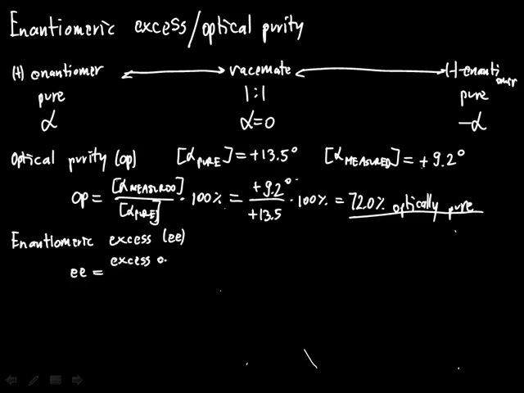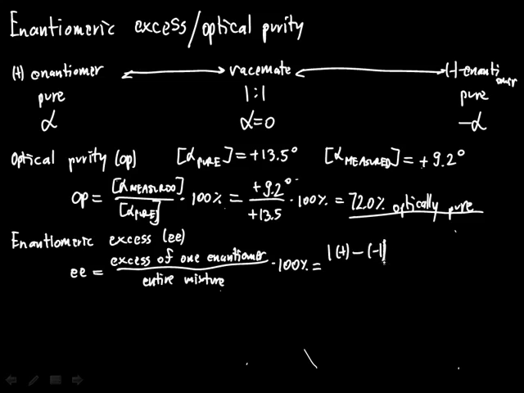So it's the excess of one enantiomer divided by the entire mixture, the composition of the entire mixture, and then multiplied by 100%. Now what this means is that we'll take the absolute difference in the amount of plus and minus enantiomer, okay, and divide it by the sum of their amounts.